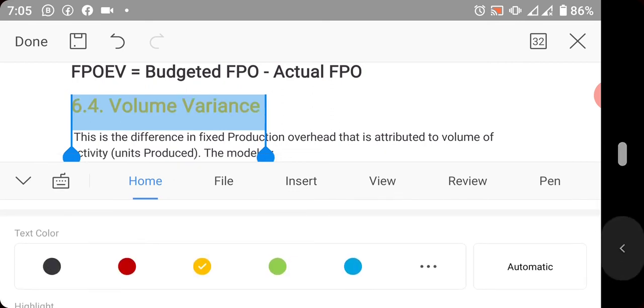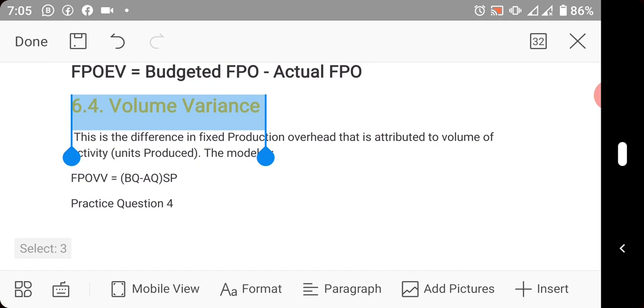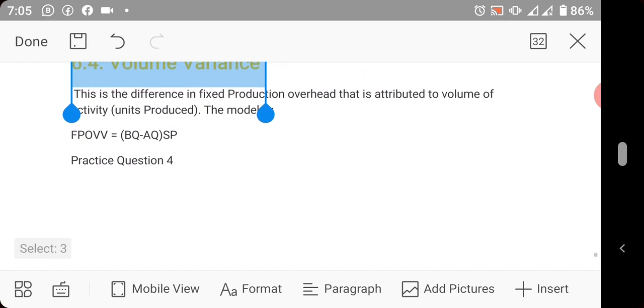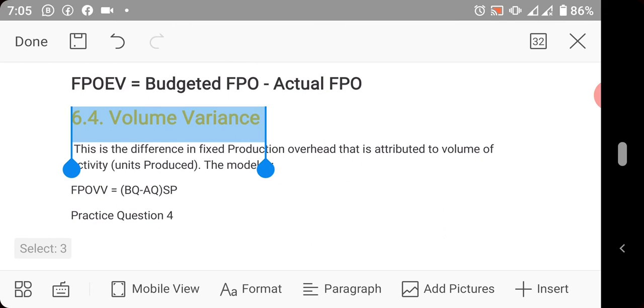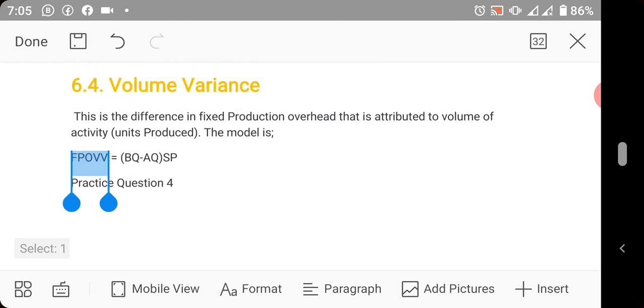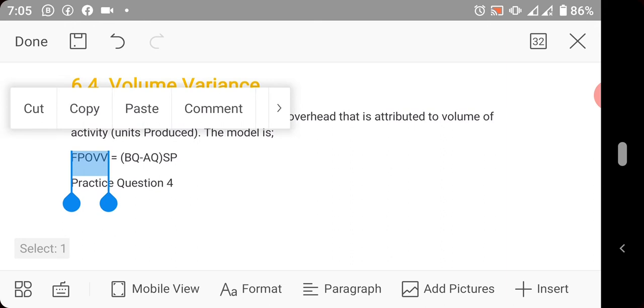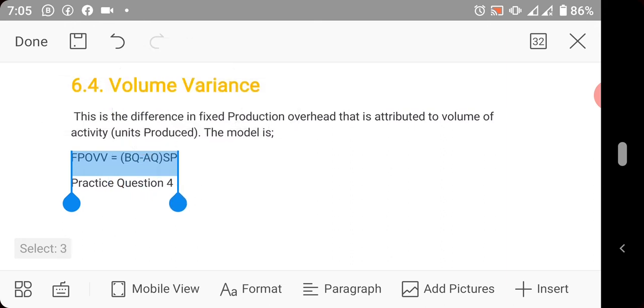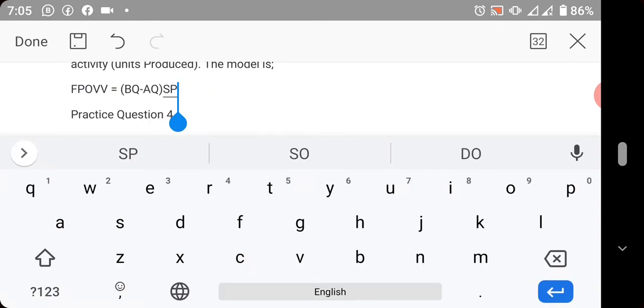Okay, now this is the difference in fixed production overhead that is attributable to volume of activity, that is, units produced. That is the meaning of volume variance. So volume deals with units produced. The formula is: fixed production overhead volume variance is equal to budgeted quantity minus actual quantity times standard rate.